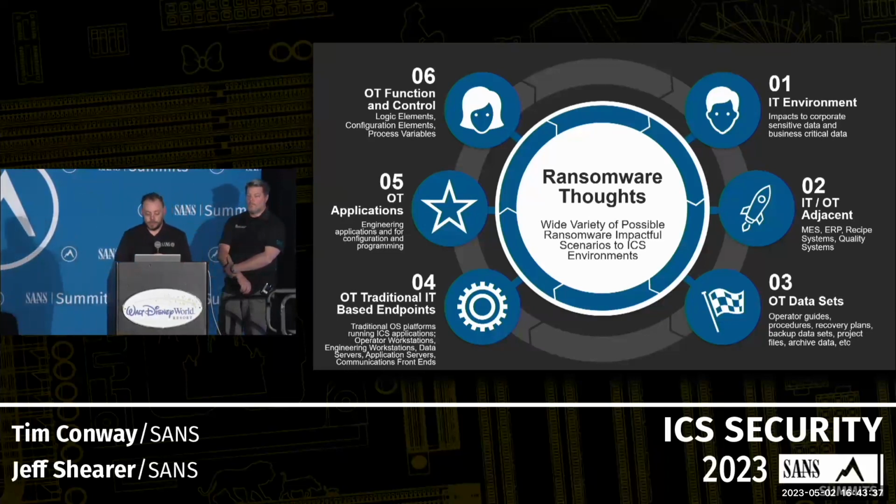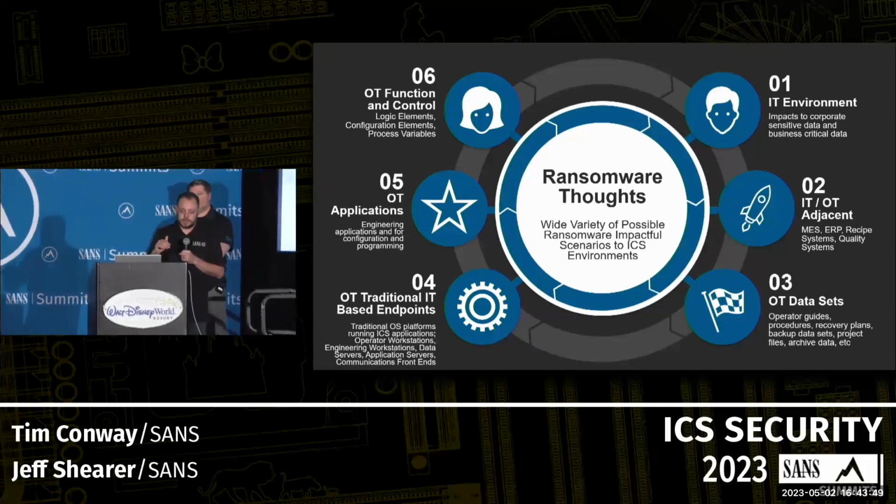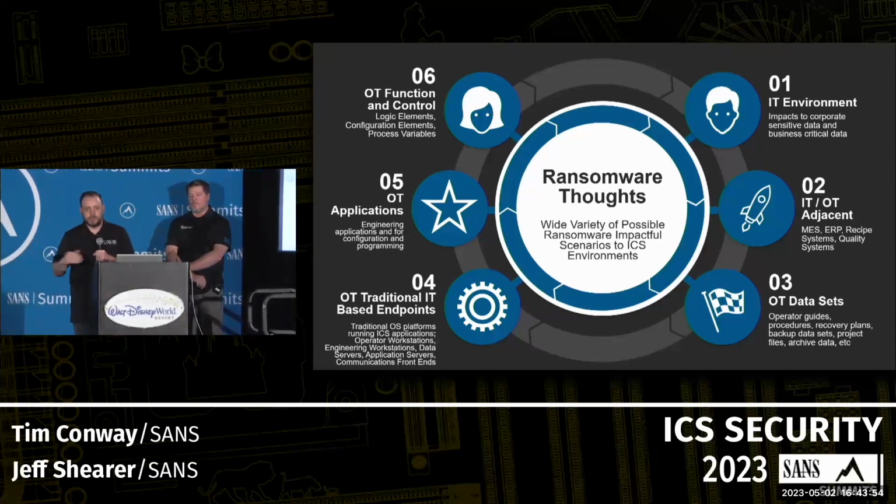Now we'll move over to this other side. Number 4, the OT traditional IT-based endpoints. When you hear IT and OT are converging, we converged 20 years ago: Dell server, IBM server, traditional Windows, traditional Sun Solaris, Red Hat, Linux, Cisco gear, and Terasic, Juniper. We are using a lot of those same assets.